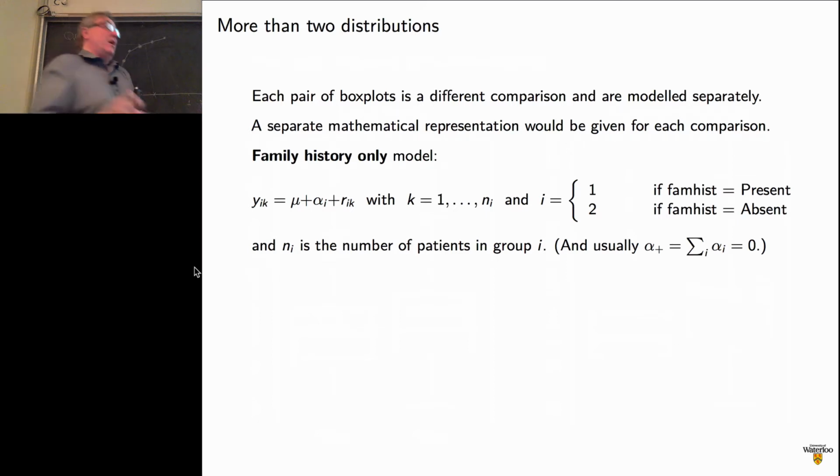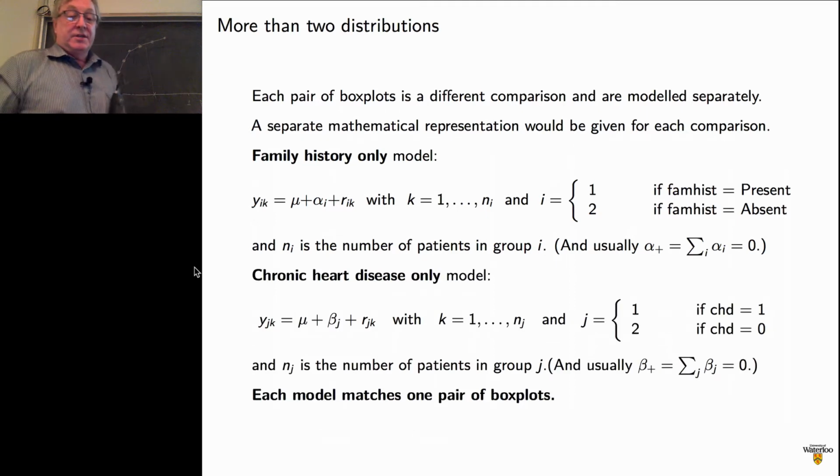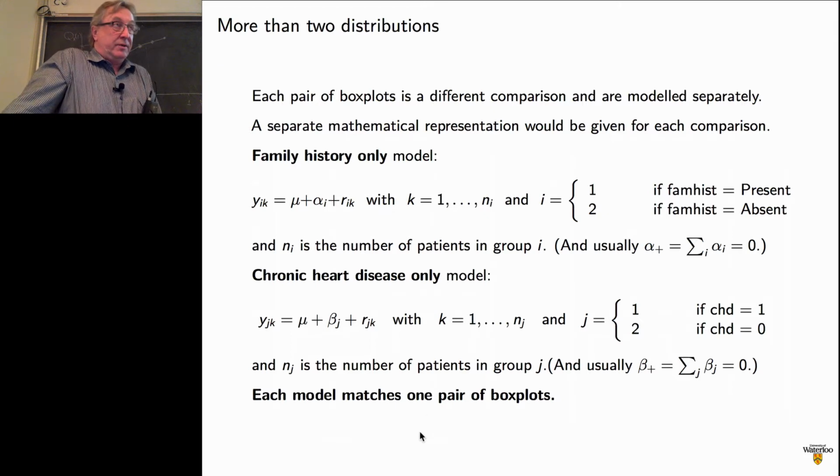So if I was going to do it now for coronary heart disease, it'd look just the same. I'll introduce another, instead of alpha, a beta, but it's the same model, same structure of model. The parameters mean something different here. That's why they've got alphas and betas. The mu's are the same because it's the average overall. I'm ignoring that other variable. Okay? And you often assume that these residuals, the epsilon ijk's, were normally distributed, mean 0 and some standard deviation sigma.